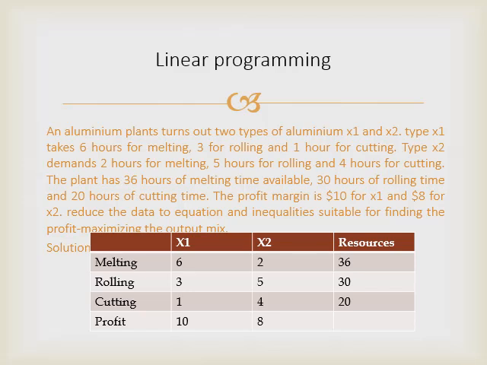The profit of 1 unit of X1 is $10, while the profit of 1 unit of X2 is $8.